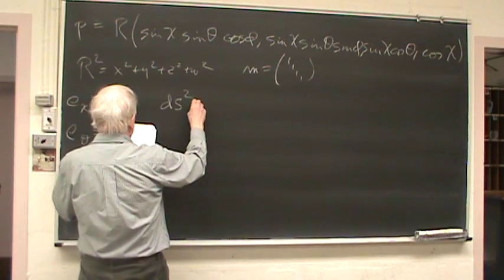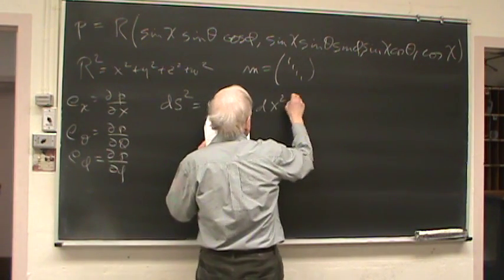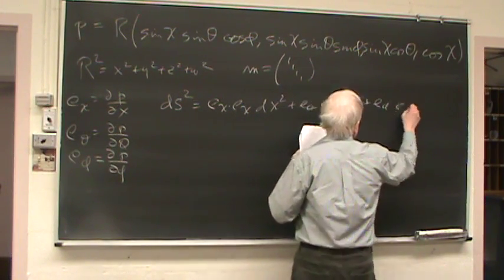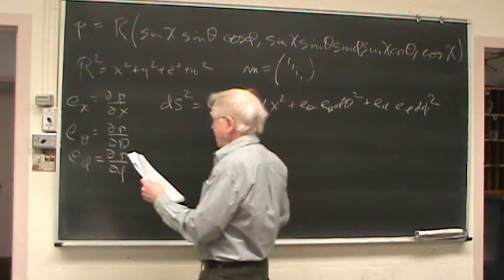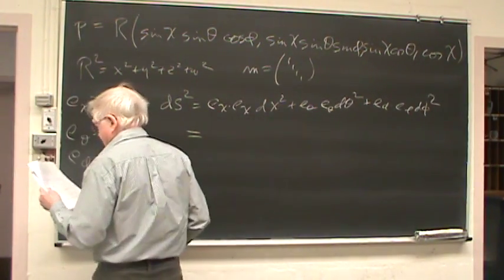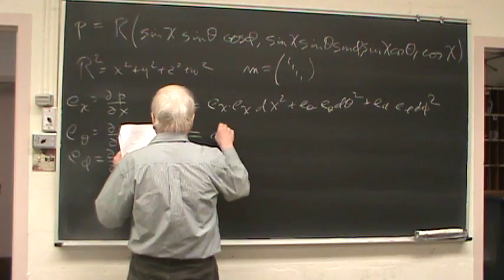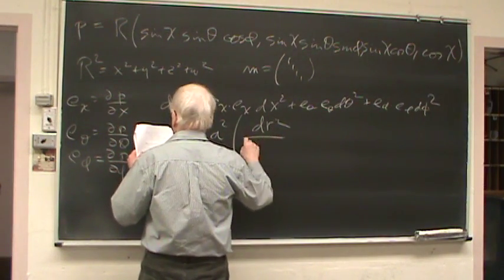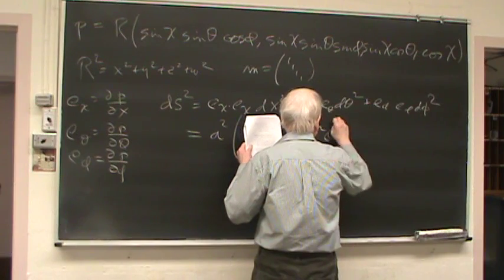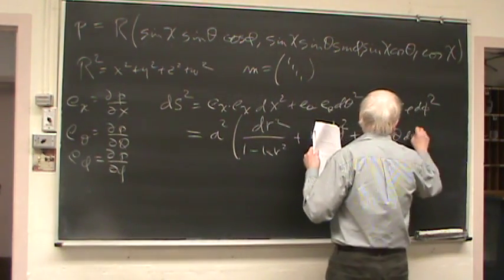Instead of going through all that algebra, the metric is e_χ·e_χ dχ² plus e_θ·e_θ dθ² plus e_φ·e_φ dφ². If you go through the algebra, with A being big R, sinh χ, what you wind up with is A² dr² over (1 − kr²) plus r² dθ² plus r² sin²θ dφ².